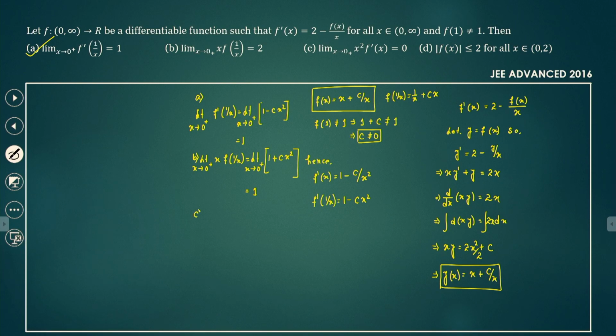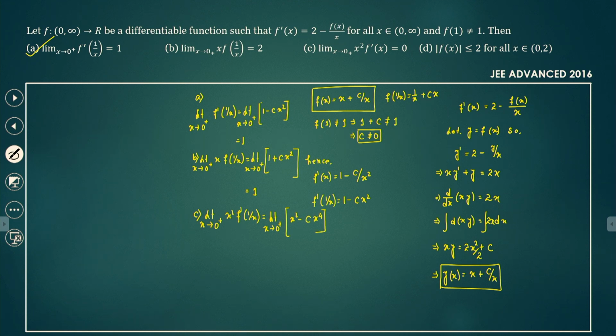Go for the next one, option C. Limit x tends to 0 plus x square into f dash of 1 by x. That implies limit x tends to 0 plus x square will be multiplied, so it will be x square minus c of x to the power 4.